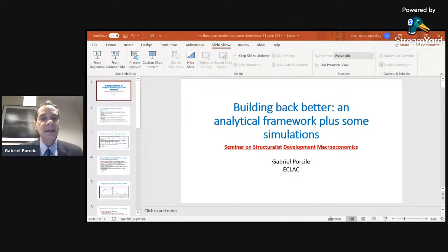And the third dimension is the environmental dimension. Growth should respect the limits of nature, should preserve and protect natural resources and biodiversity, and avoid climate change. This is also a key part of the change in the style of development.